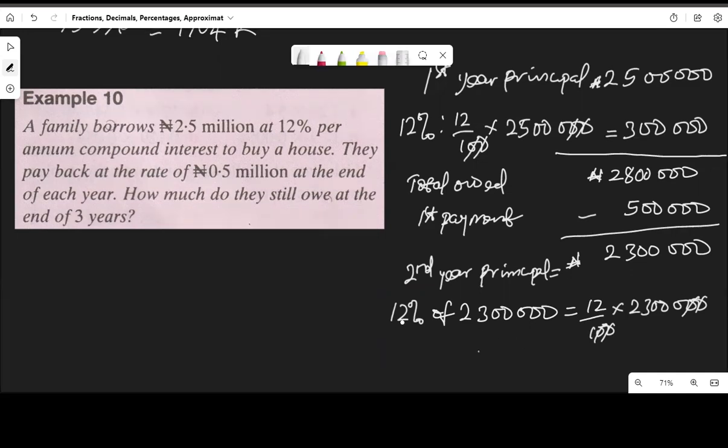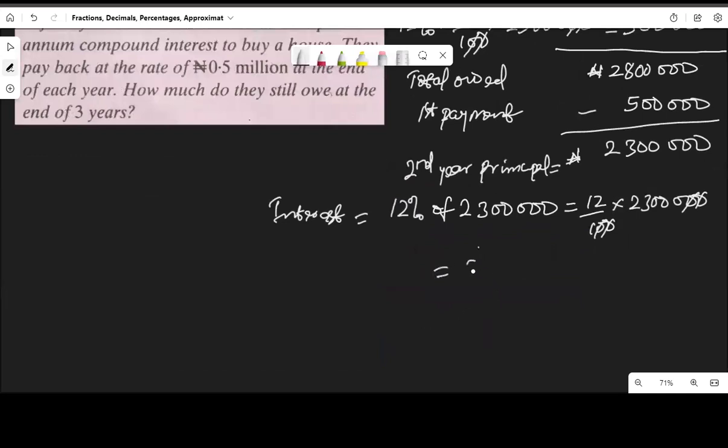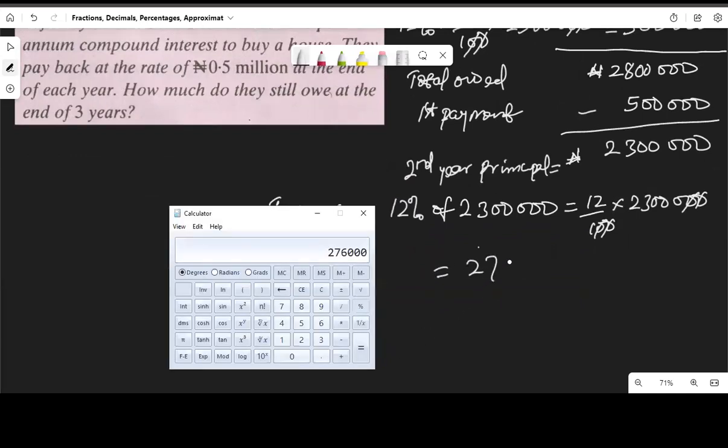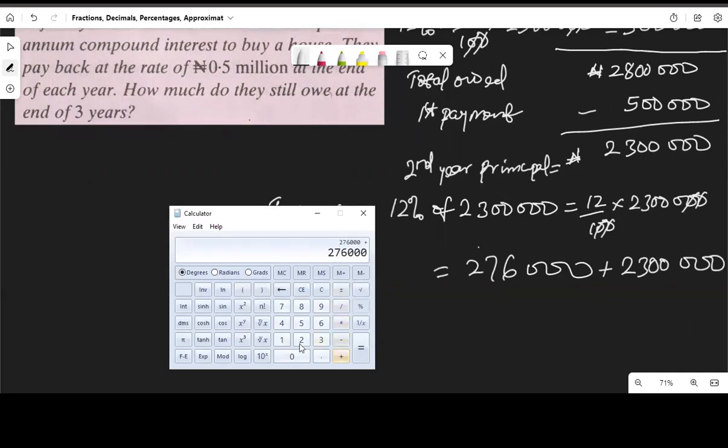So if that is the interest, let's add this 276,000 to the second year principal of 2.3 million.